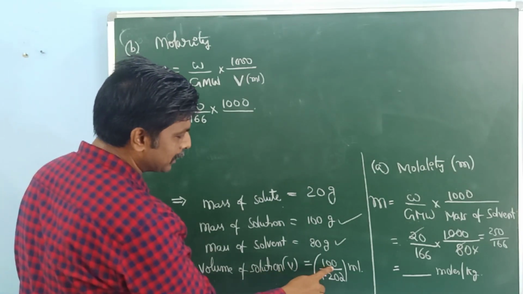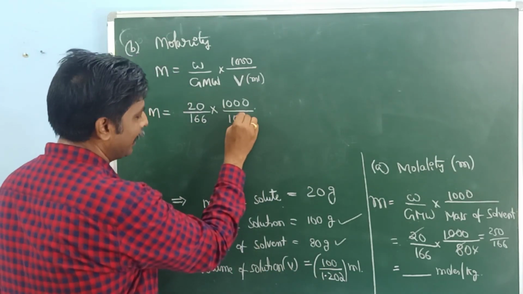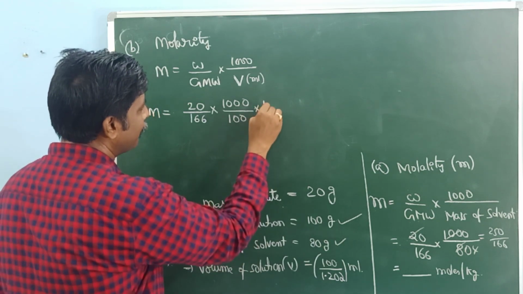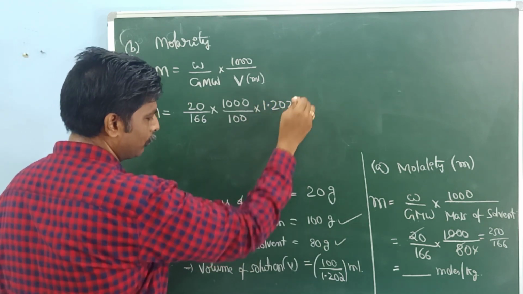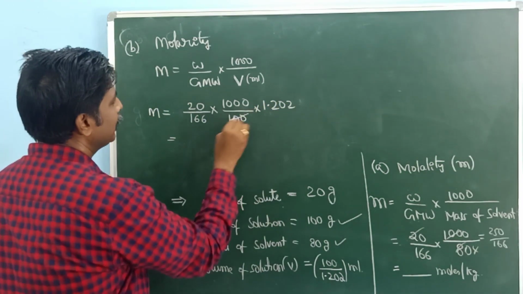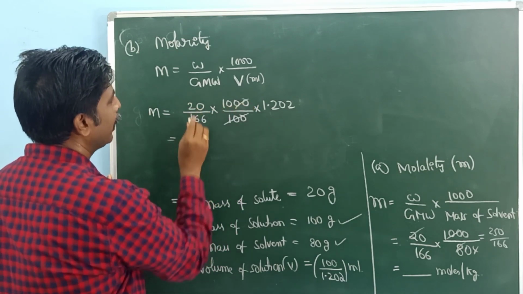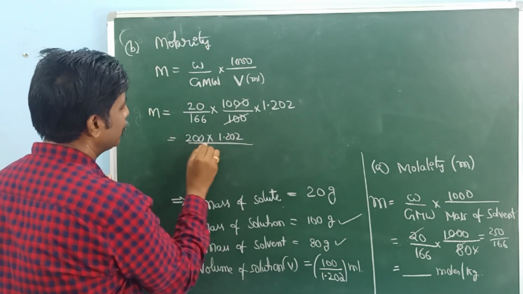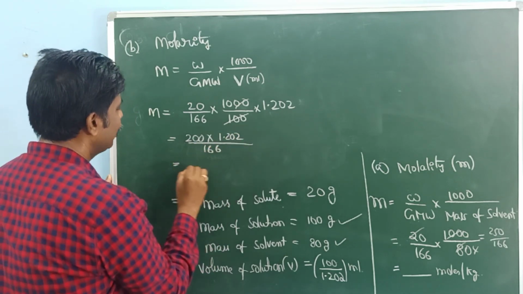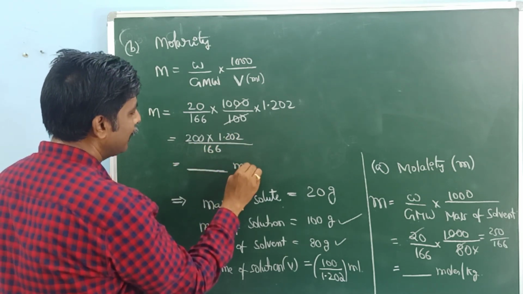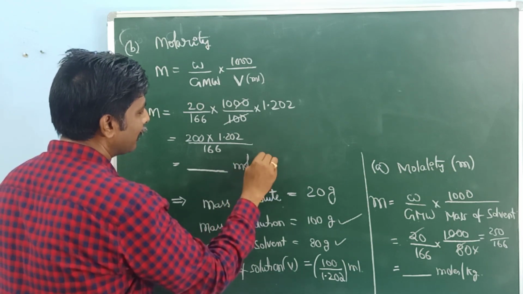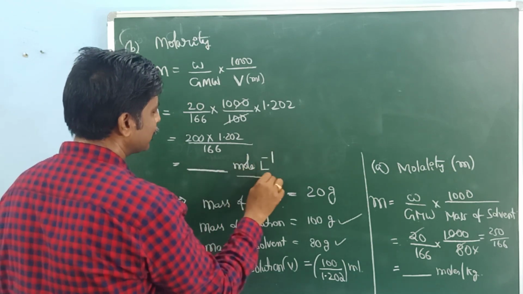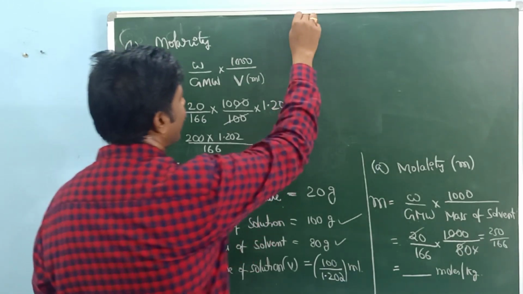Volume of solution is 100 divided by 1.202. So cancelling, 200 into 1.202 by 166. You will get the molarity in moles per liter, mol L inverse. That is molarity, capital M.